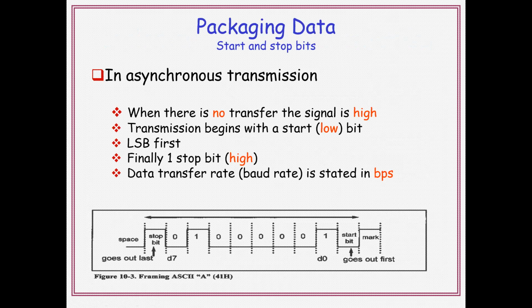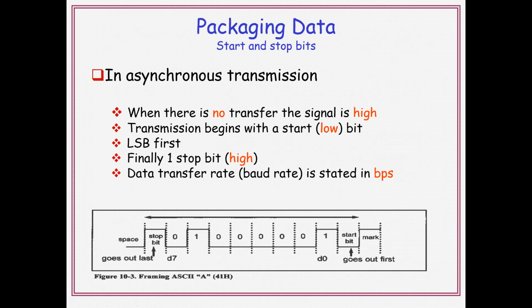In serial transmission, the packet data follows this format. When there is no transfer, the signal is always high. Transmission begins with the start bit, and that start bit is always 0.